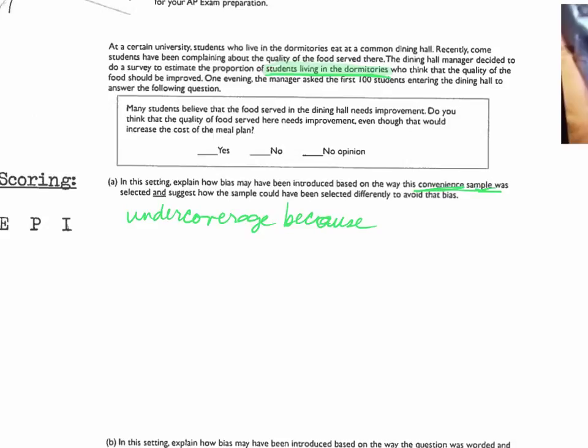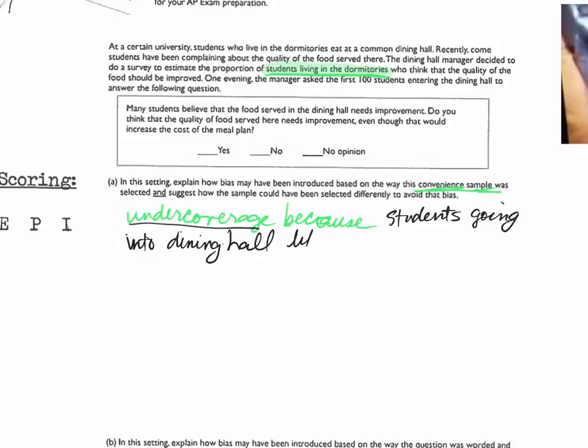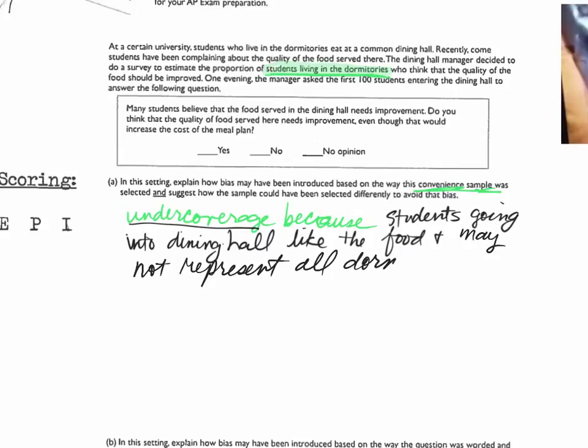What's the quality of the students going into the lunchroom that's not going to be like all the others? Good. Students going into the dining hall like the food and may not represent all dorm students.